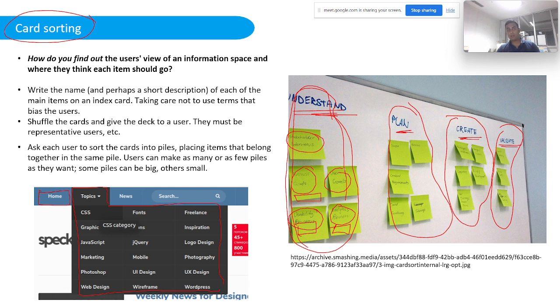However, there are also open-ended card sorting processes where the users are given full freedom to define their own labels. After they define certain groups, the websites are developed according to that. Okay? So this is to match the mental model of the user on the navigational requirements and the information requirements with the conceptual model of the design.